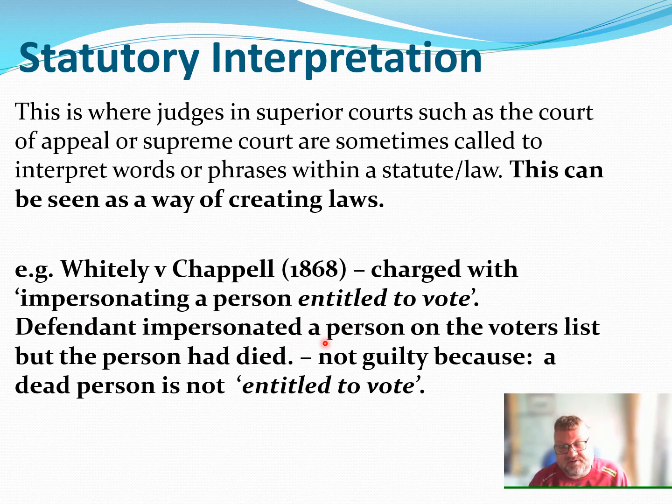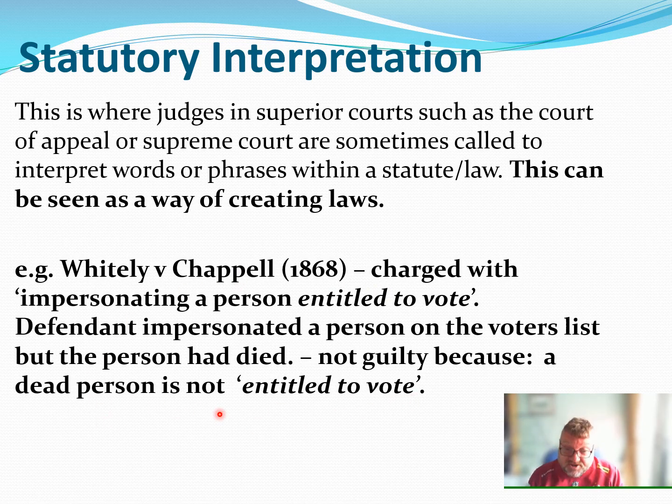The barrister argued that Whiteley was not guilty of this offence because a dead person is not entitled to vote. Therefore, he wasn't impersonating a person entitled to vote. So he wasn't guilty of the offence for which he was charged because a dead person is not entitled to vote.